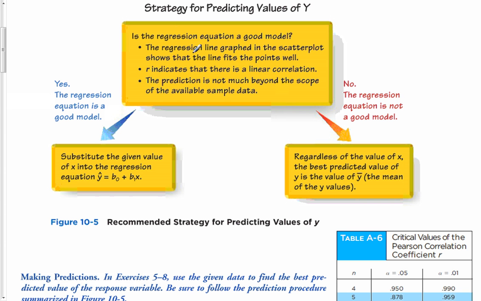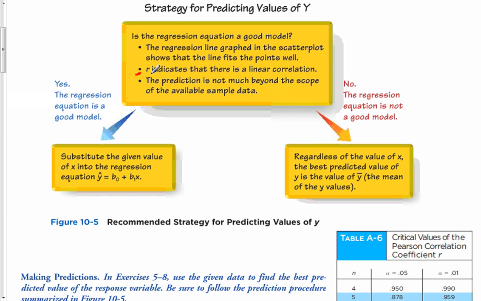First off, the regression line graphed in the scatter plot shows that the line fits the points well. If you graph the regression line on a scatter plot, there should be some indication that the line fits the points well. The second thing is R indicates that there is a linear correlation.